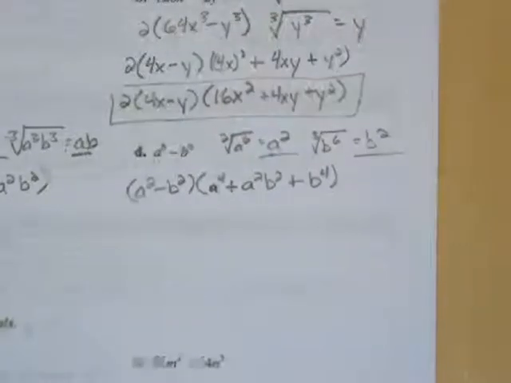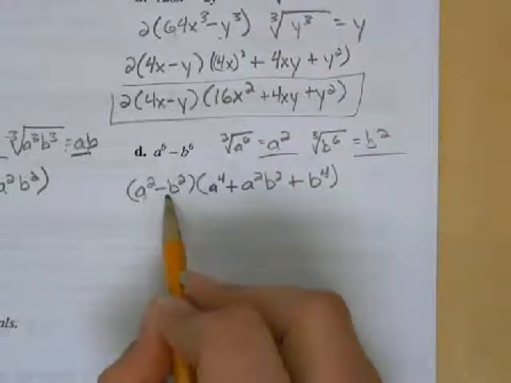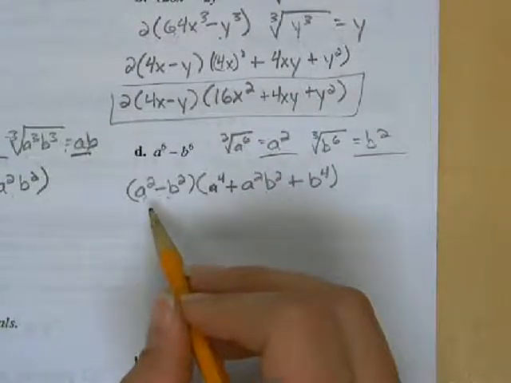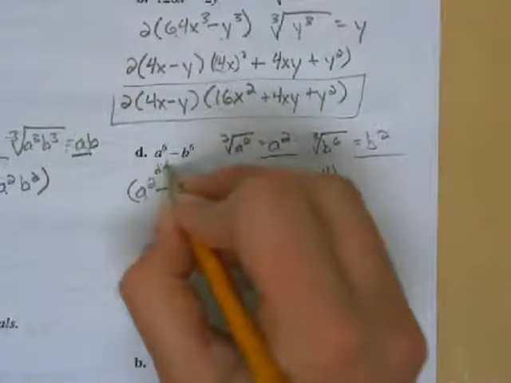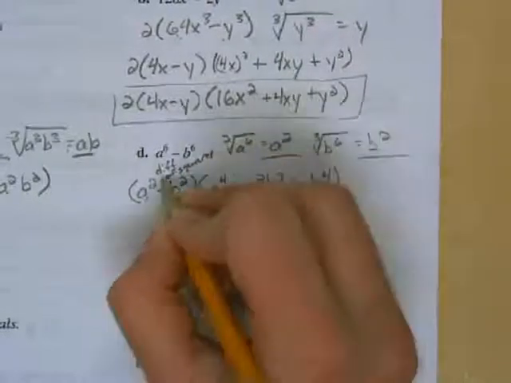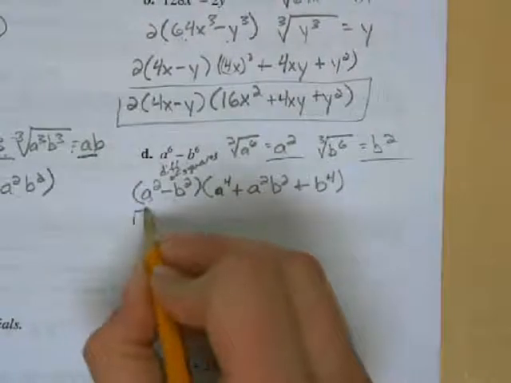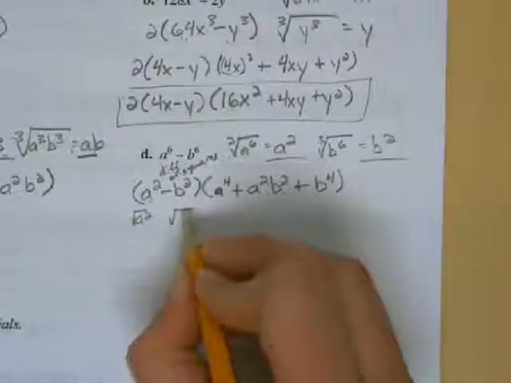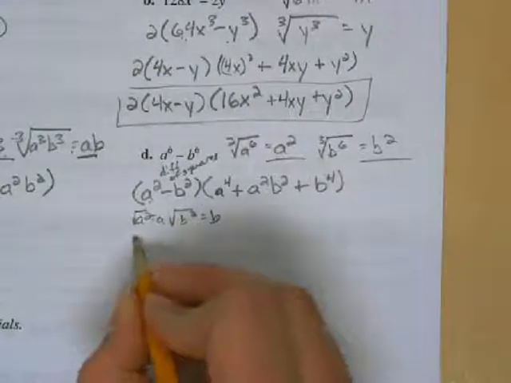Now from here, if you notice, this right here is the difference of squares. You might want to write that down. Since it's the difference of squares, we have to factor it also. We can't just leave that. So we're going to square root a squared and square root b squared, which is going to give us a and b. So now it becomes a plus b, a minus b.